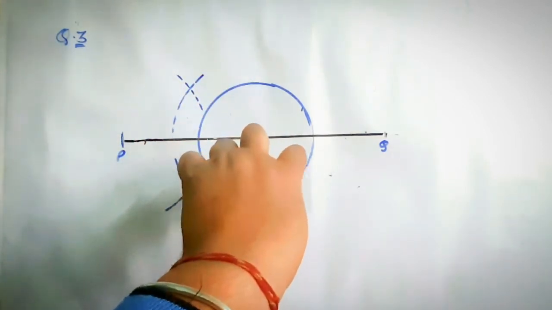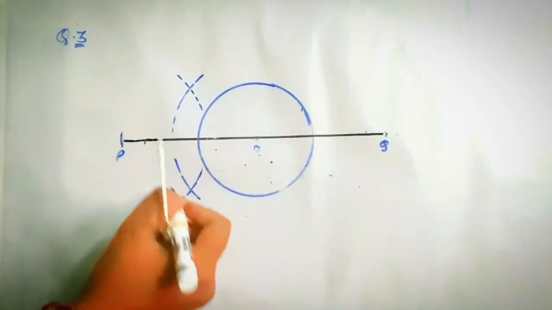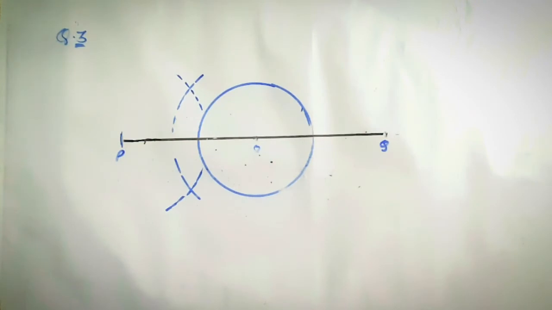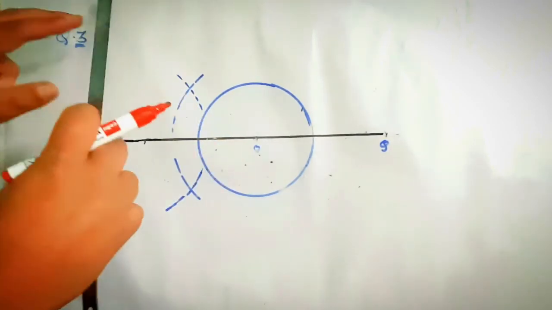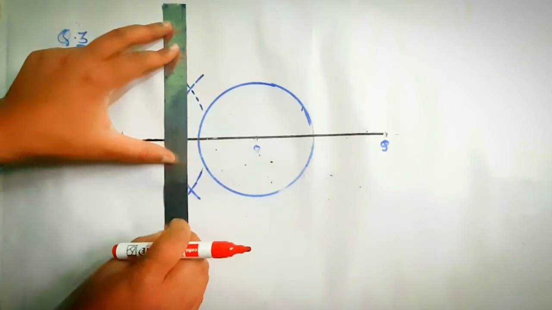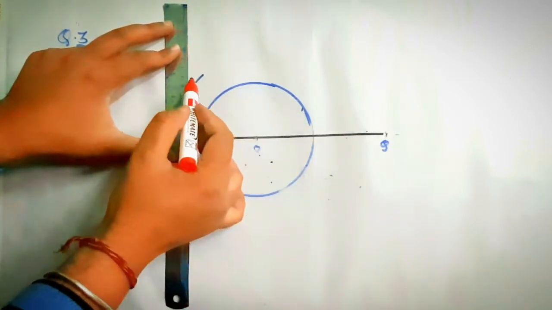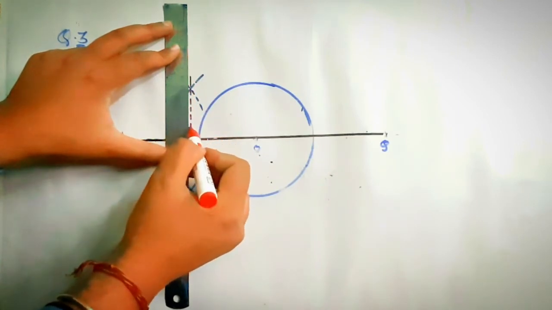If the center is O, place on O and draw arcs again. Then the arcs are intersecting at 2 points. Join these 2 points and you got the perpendicular bisector of the line segment OP.